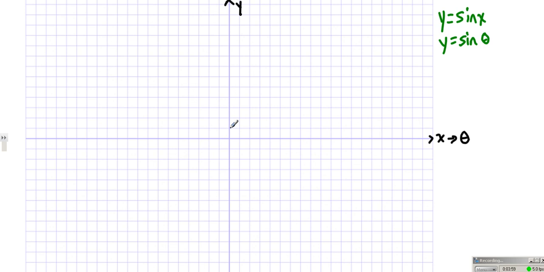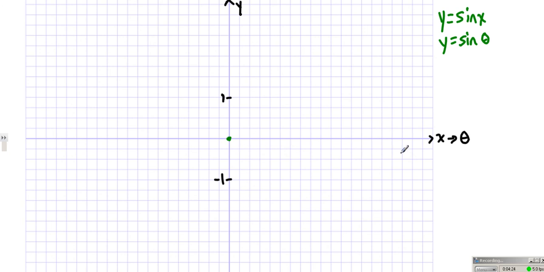We want to start at the origin, so our sine function starts at 0, 0. Before we plot any other points, we want to give this a scale. So our y scale, maybe we'll go up 1, 2, 3, 4. We'll make 1 up there, and we'll go down to negative 1 here, so we've got some space to work with on our y-axis.